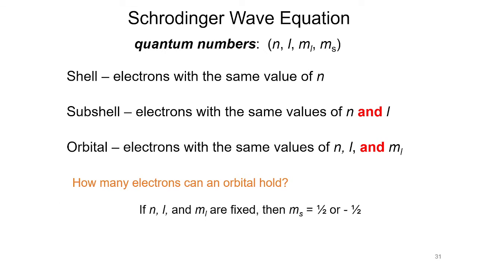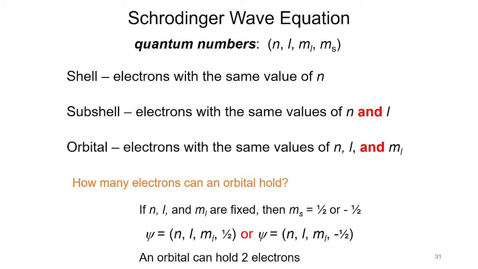Sagot ko na to kanina. If n, l, and ml are fixed, and we have the magnetic spin, which is positive one half and negative one half, meaning for every wave equation there can be a positive one half or a negative one half, an orbital can hold two electrons.